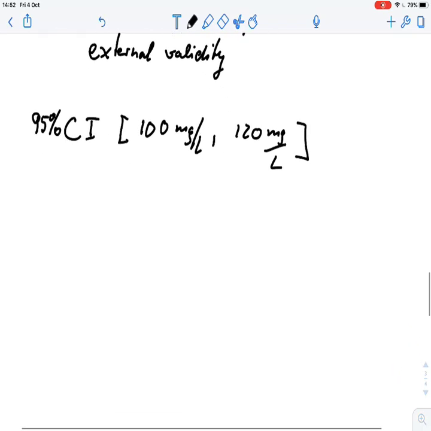Now here's a question for you. I have this confidence interval, and I look up the published concentration in a healthy individual, the published or known population mean.